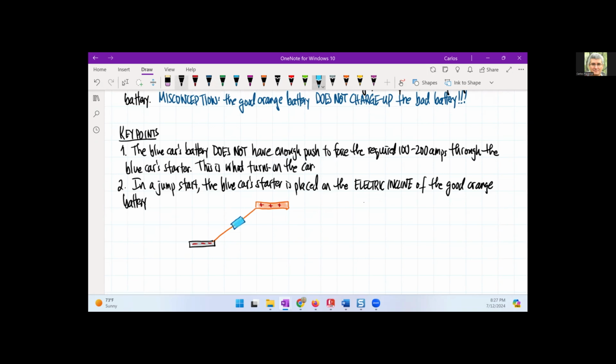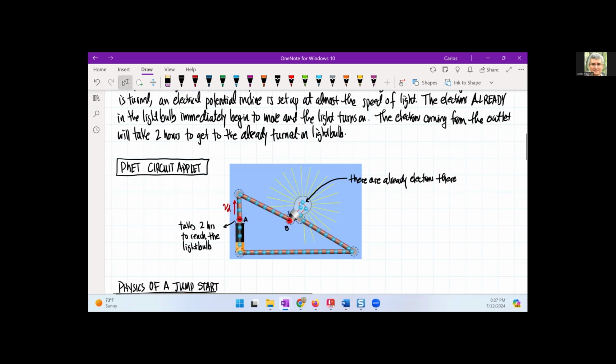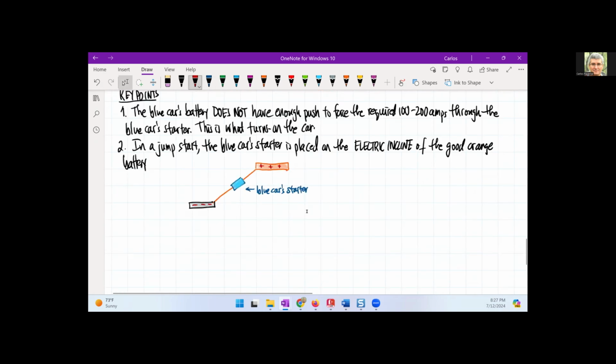And then on here, you now come in and you put the starter, right? So in this situation, you have the blue car's starter on this incline. And just like we talked about up here, there are charges already in the starter. I already have charges on the incline.